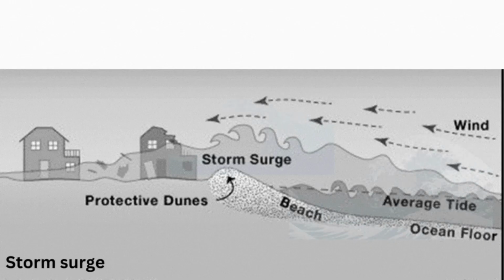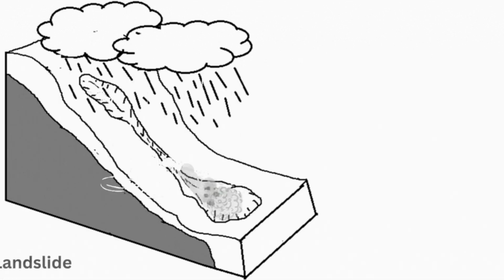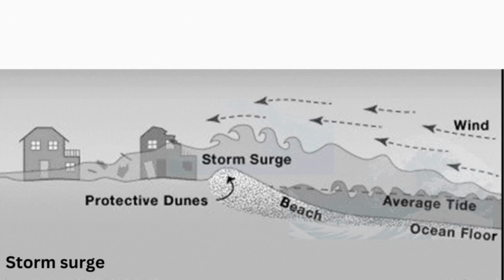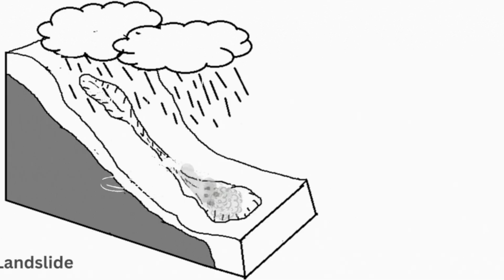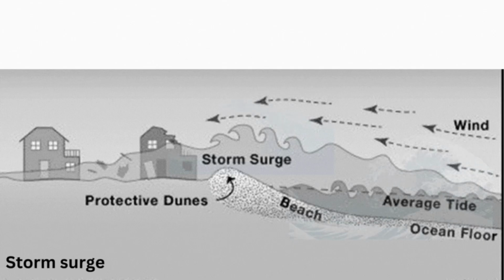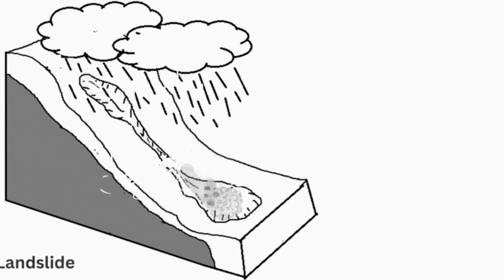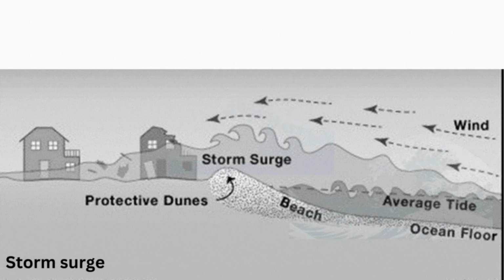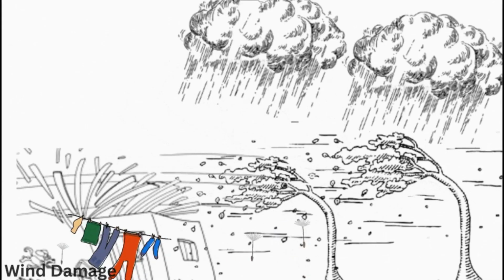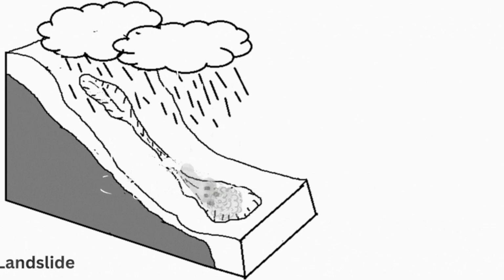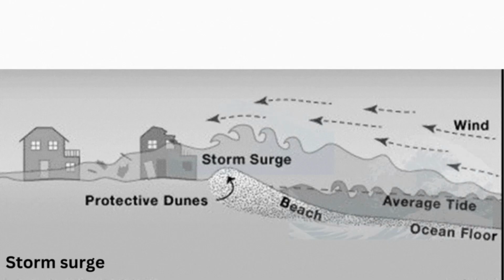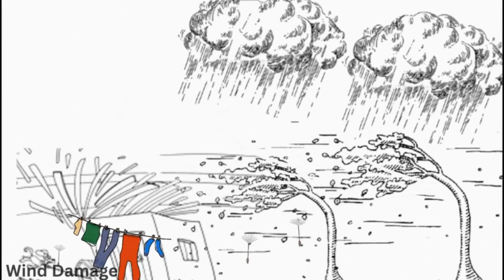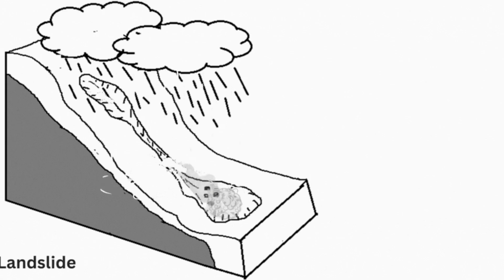For example, low pressure and or strong winds can cause sea levels to temporarily rise, resulting in storm surge. Storm surge can do great damage to the coast. In hilly areas, the heavy rain can cause landslides along the slopes. This in turn can block roads, displace water in river channels, destroy agricultural crops, and so on.